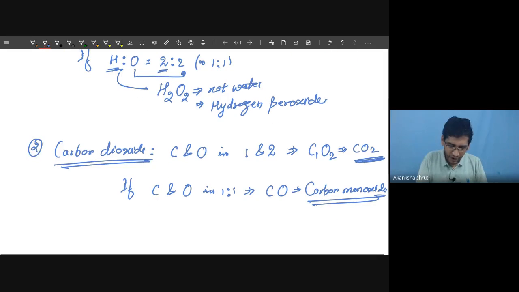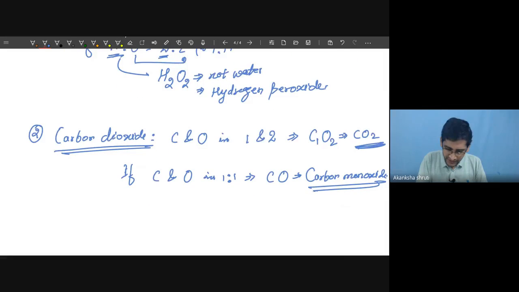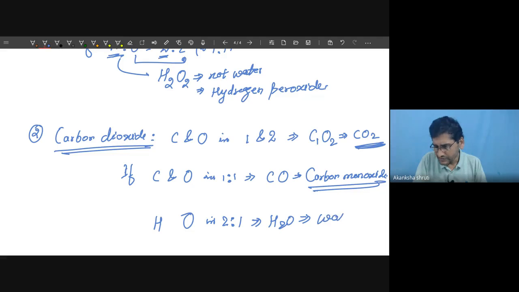For example, here we have also observed, say the oxygen is the same, but hydrogen is now added to it in the ratio 2:1. It has formed H2O. It was our water. Are we getting it? Though oxygen was the same here.